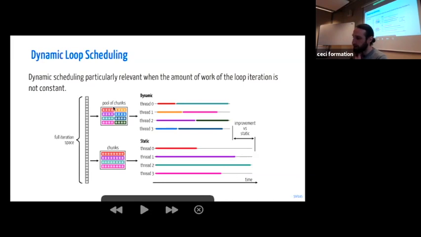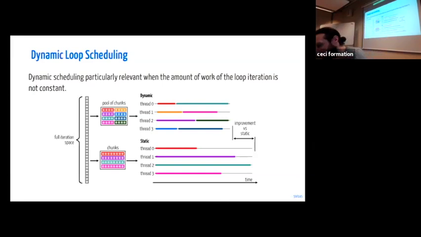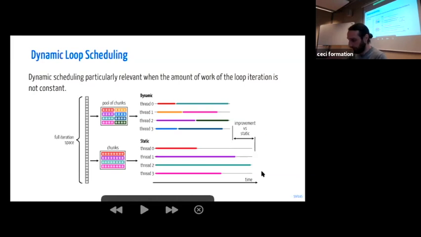It may be beneficial to cut it into smaller chunks and then run it dynamically, meaning that the threads will execute the chunks and then go back to the runtime and ask for a new one. It can help with load balancing for your iterations, so basically balance the amount of work that is done by each of your threads.